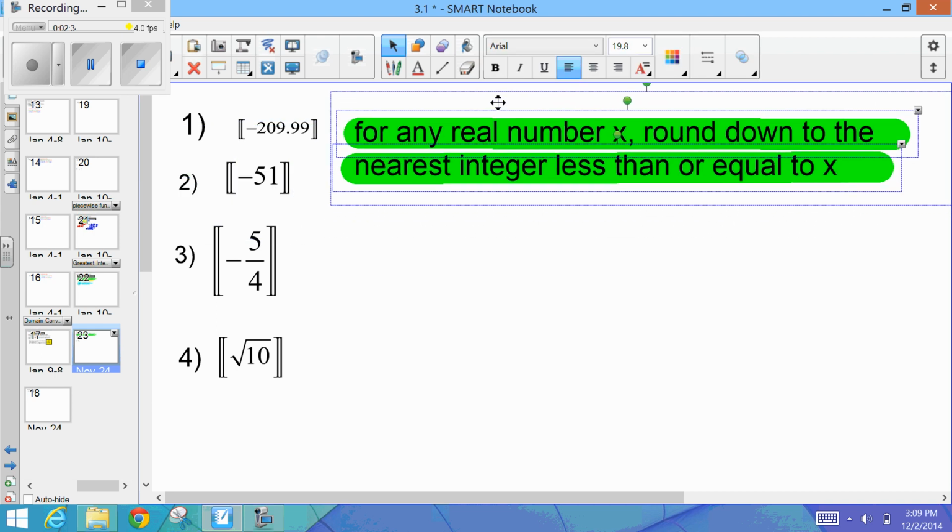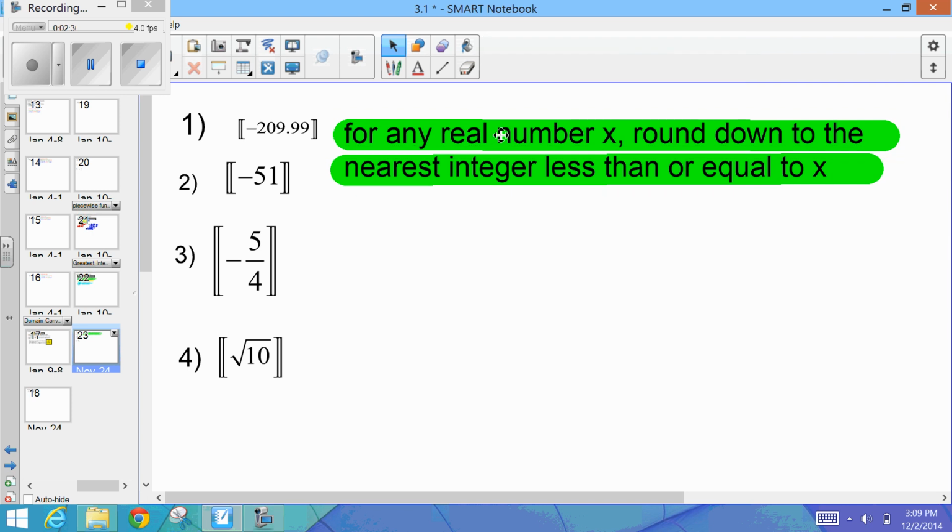All right, so here again is the definition of greatest integer. For each number that's an input, you're going to round down to the nearest integer that's less than or equal to x. So it has to be an integer. Integers are whole numbers.